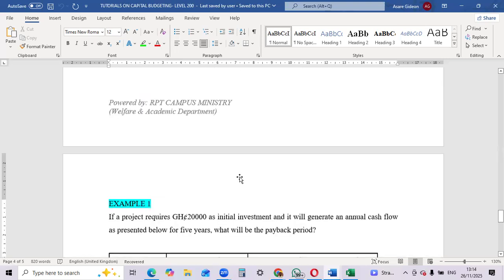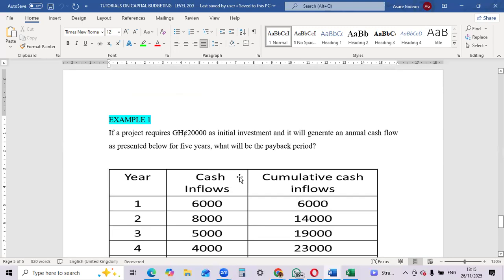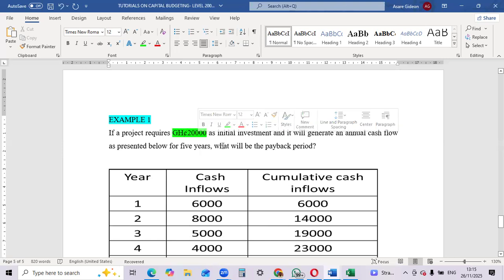All right, so example one. If a project requires 20,000 as initial investment, in other words, this amount is the initial cost or the investment cost, it will generate an annual cash flow as presented below for 5 years.